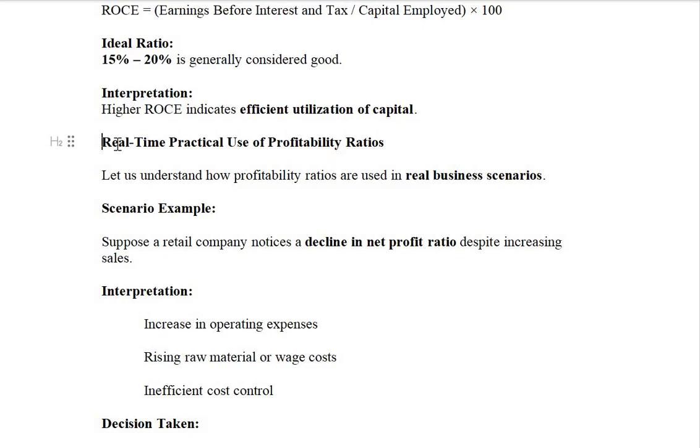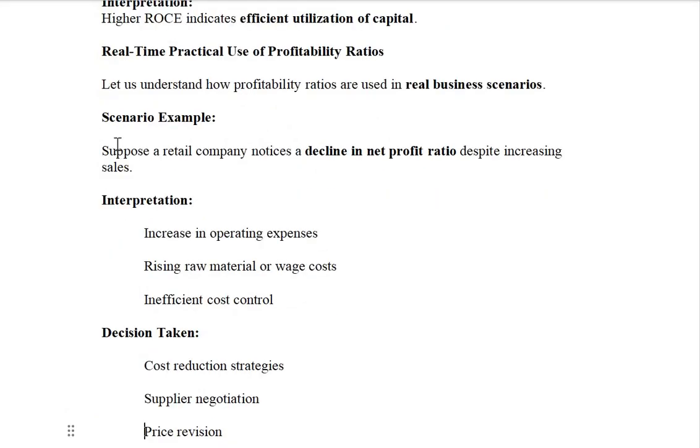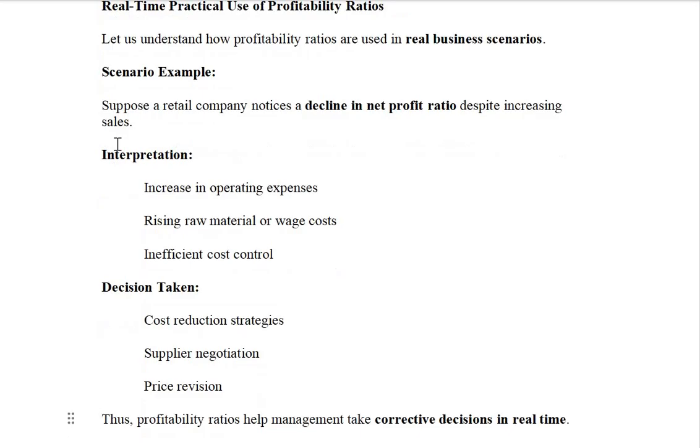It says that the operating expenses have increased, there is a rise in the cost of raw material and labor, and the cost control is not efficient. In order to overcome this, the following decisions have to be taken. We have to control the cost, negotiate with the supplier at the time of buying raw material, and revise the price.